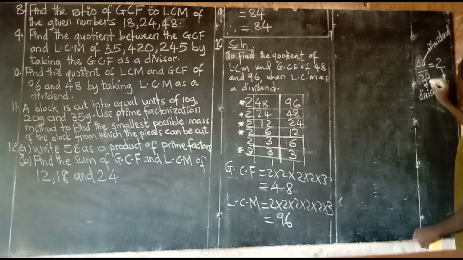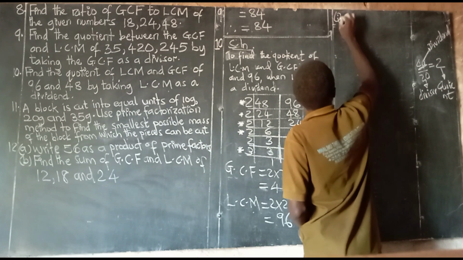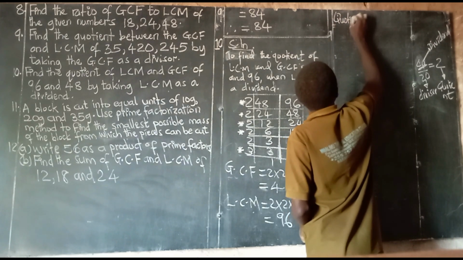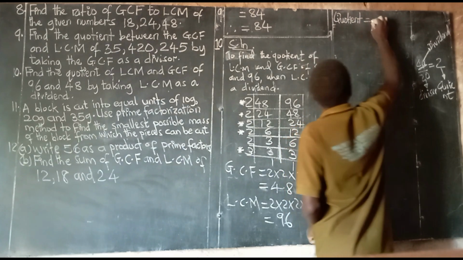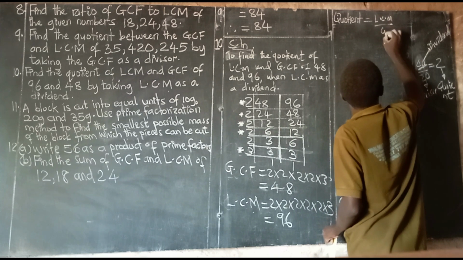So the LCM should be divided by the GCF. So the quotient here will be equal to LCM over GCF.